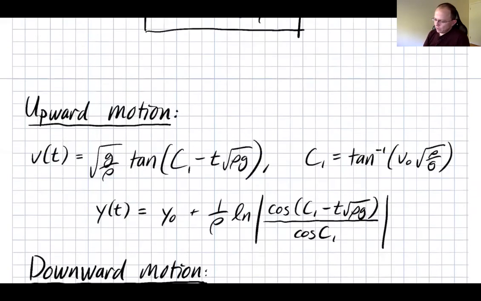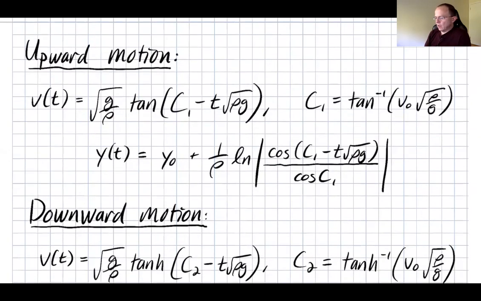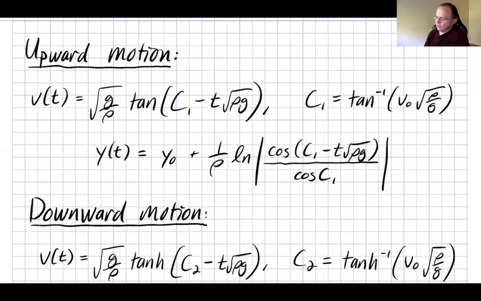Okay, so if we were to solve this upward motion differential equation, this is the formula that we would get. It involves tangent, and then there's a constant here, C1, which involves an inverse tan. And if we integrate that one more time, we get something like this.